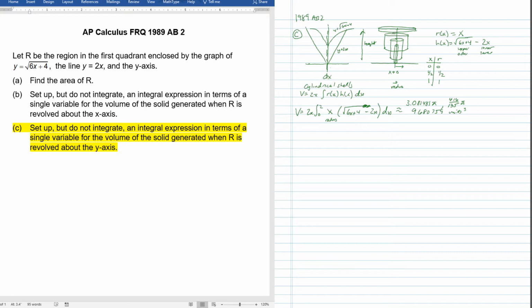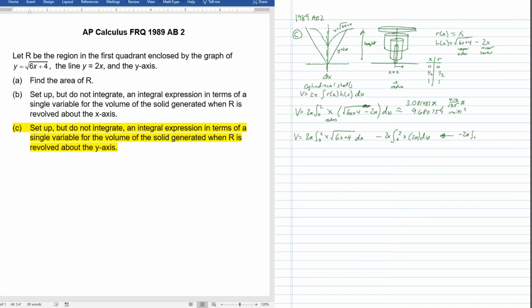The reason I want that practice is because of the following. If I break this up as two separate shells, a shell that represents the top part being cut off by a shell that represents the bottom part, I'm not going to spend a lot of time on the bottom one because I already know all the work.